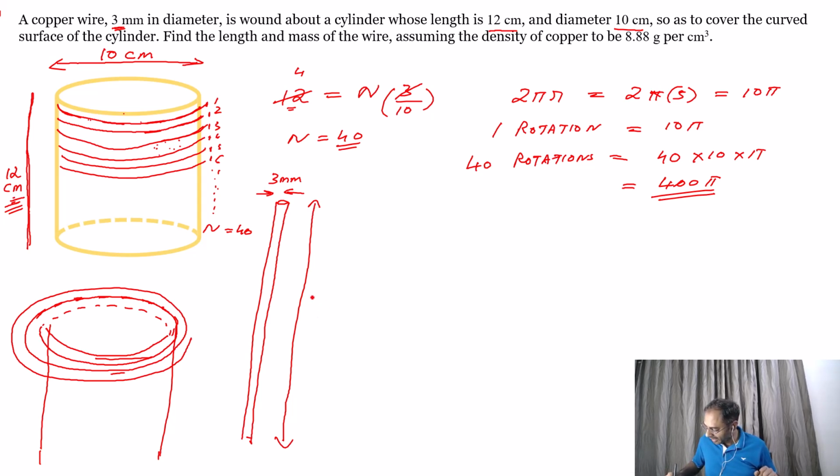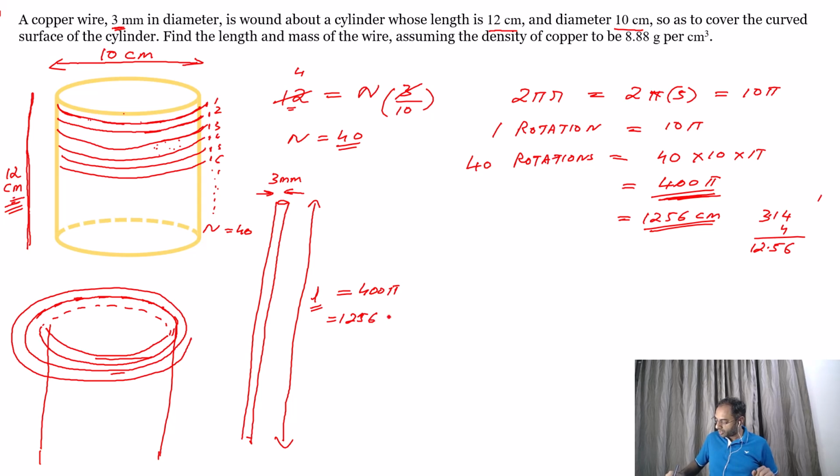Let us say it is L, and this L is 400 pi, which we just calculated using this formula. If we expand this, the length of this wire is going to be 1256 centimeters. So with this, we have found the first part of the question, the length.